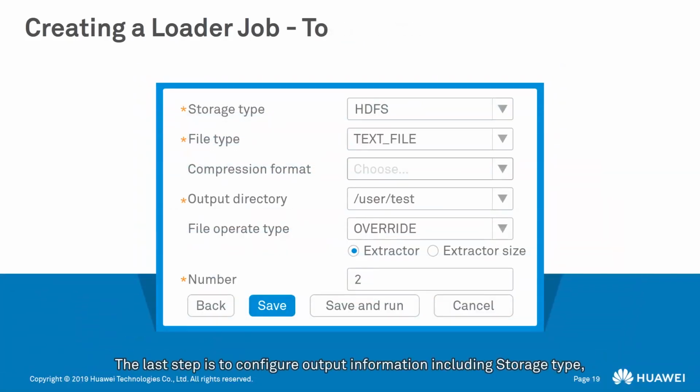The last step is to configure output information, including storage type, file type, compression format, output directory, file operation type, and number. Storage type indicates the target data storage type, which can be HDFS, HBase, and Hive.